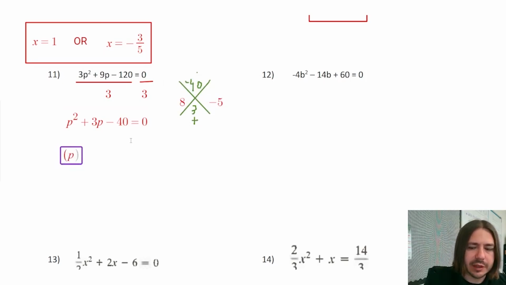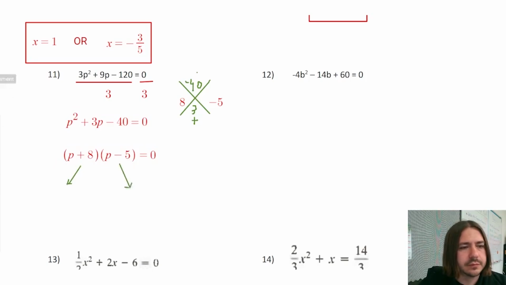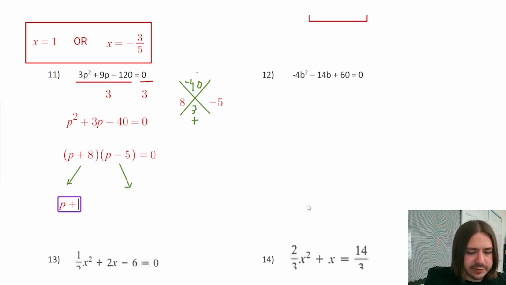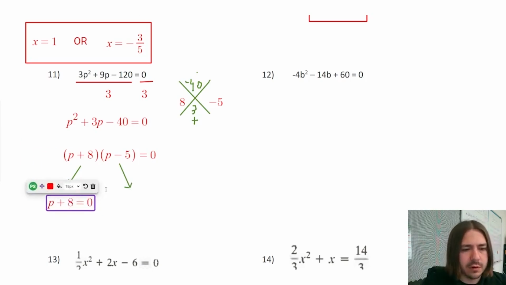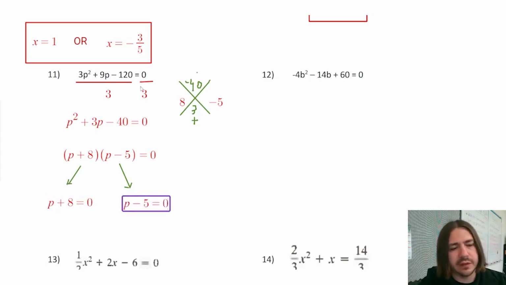We've got p plus 8 times p minus 5 going to equal 0. So now we can set each one of these equal to 0. So either p plus 8 is going to be equal to 0, or p minus 5 equal to 0.